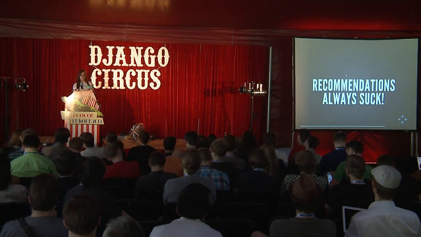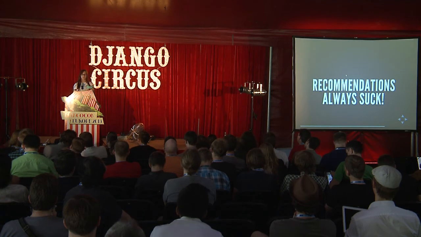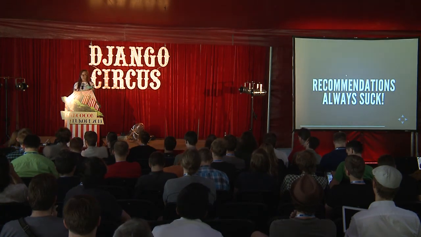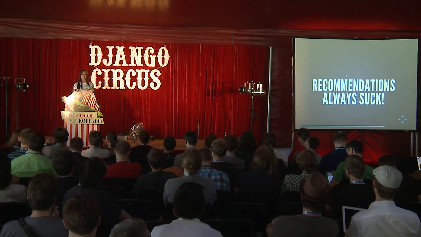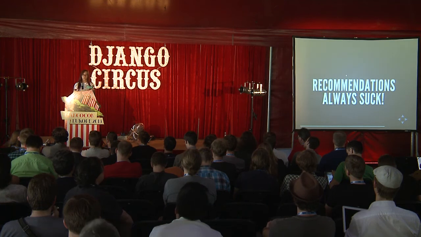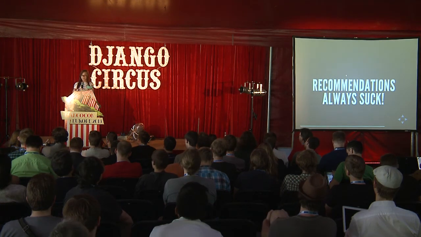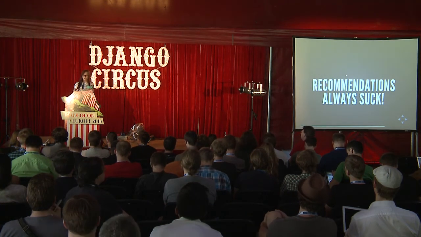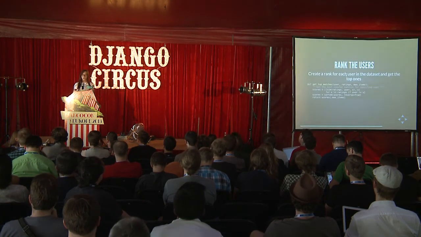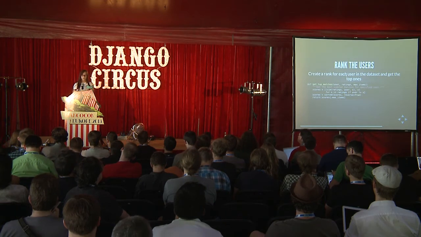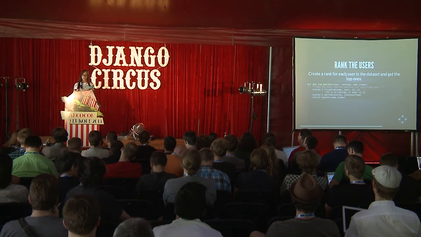our CEOs told us, okay, recommendations always suck. You have to do something so that they wouldn't suck. We didn't understand what they meant, and they meant that the recommendations are always slow. All the recommendations that they had been working with were created while the site is loading.